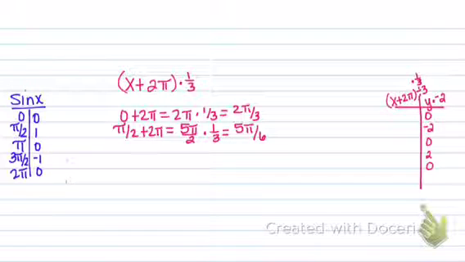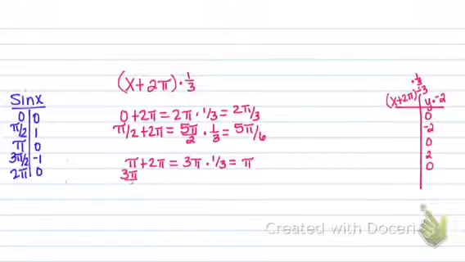How do you get 5 pi over 2? Because it's 1/2 plus 2, which makes it 2 1/2, which is 5/2. Remember, let's take 1/2, add 2, and change it to an improper fraction. All right, pi plus 2 pi is 3 pi, times 1/3, that's pi. 3 pi over 2 plus 2 pi is 7 pi over 2, good, times 1/3.